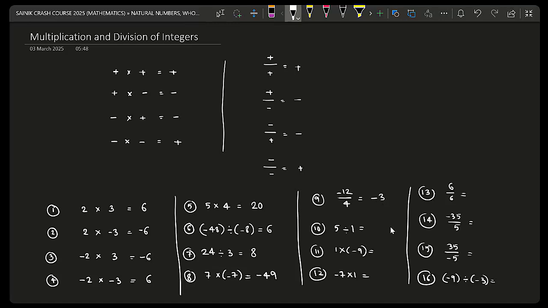Next, 5. Next, minus 9, because positive into negative is negative. Next, minus 7. Very good, Rishikesh. You can mute yourself.